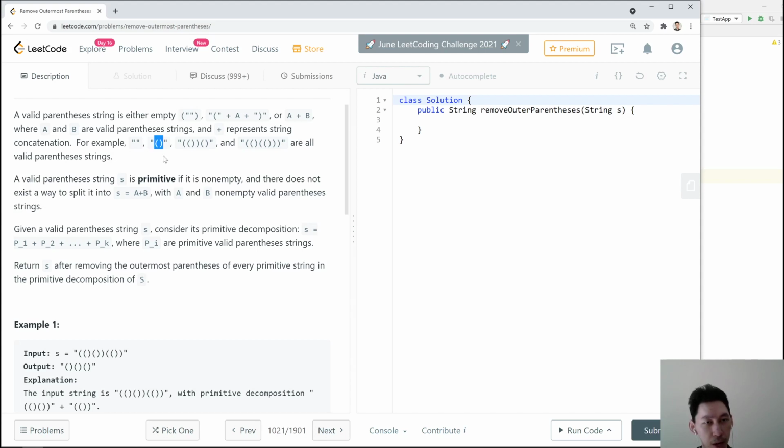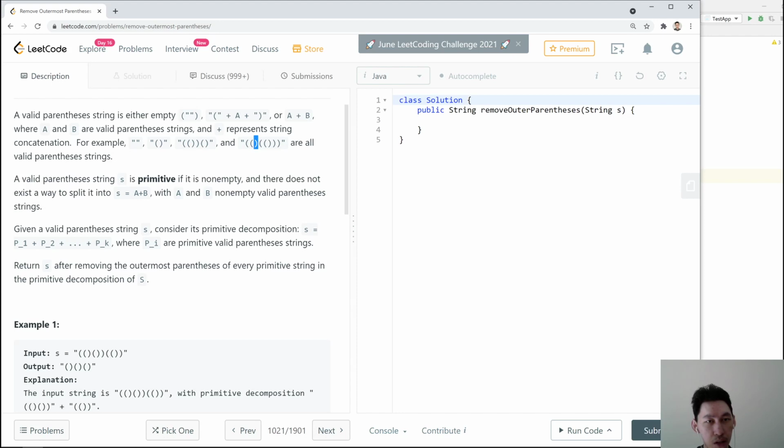A single pair is valid. And then these are valid because of that. Because if you replace this thing into A, then this becomes valid, and then this is obviously valid.